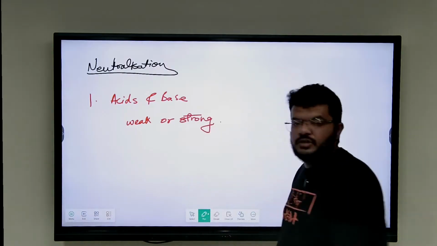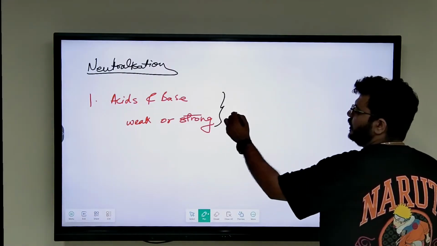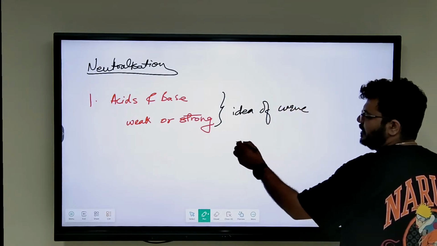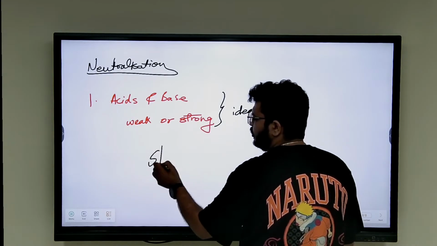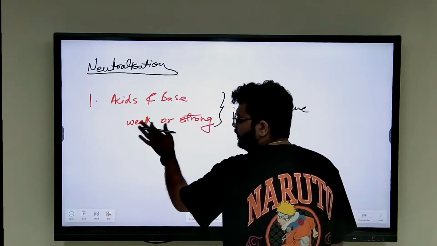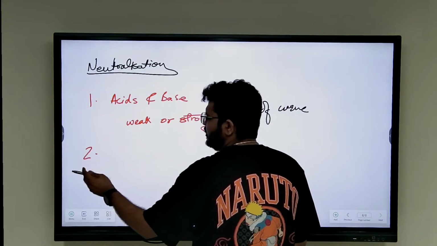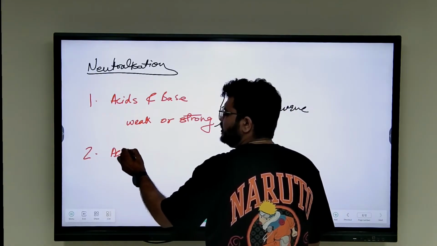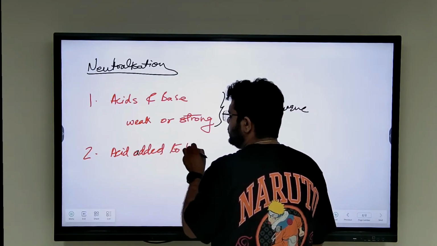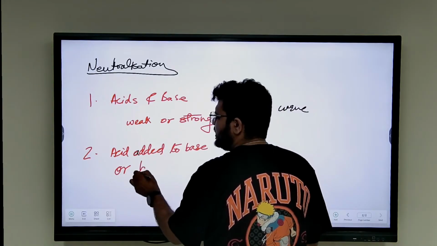You will get an idea of your curve. This will give you an idea of the curve. For example, if it is strong, तो curve कैसा आएगा? अच्छा, before I show that, the second is acid added to base or base added to acid.